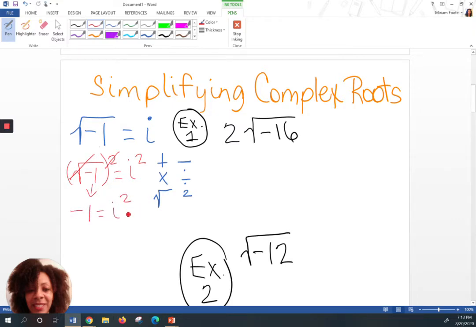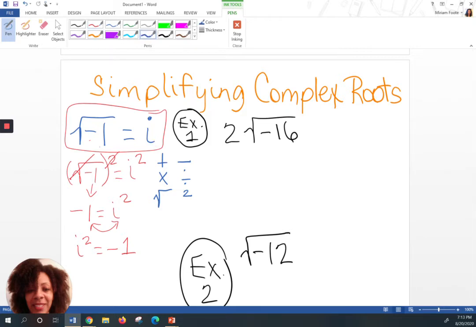So if I rewrite that and switch them around, this is what I said a few minutes ago. i squared is -1. So I just did the inverse of what I know to be true. Anytime I see a negative square root, an i has to come out. So let's look at example 1.